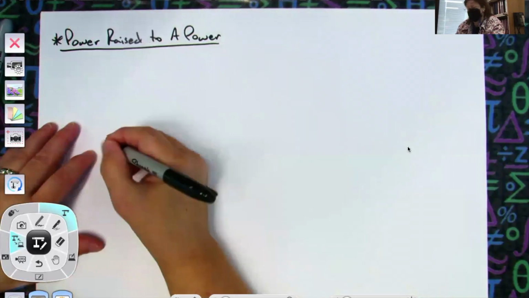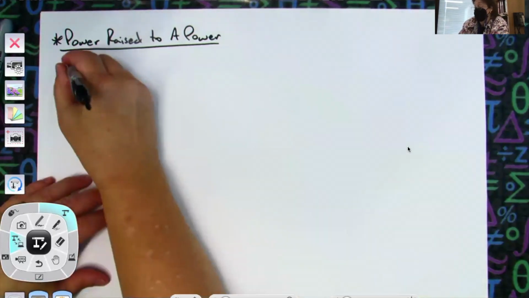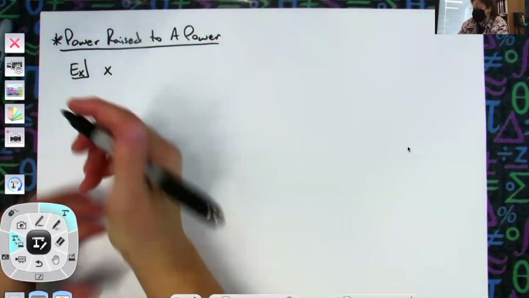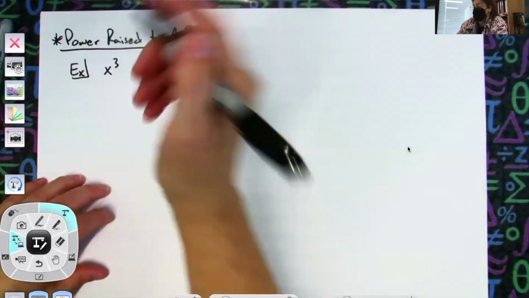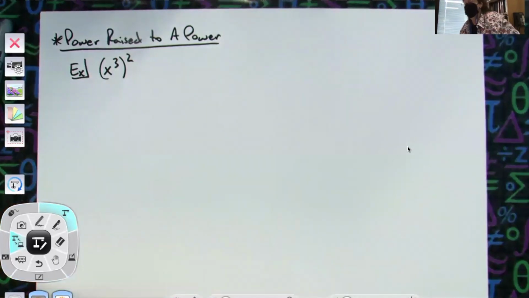That's exactly what it's going to look like. I'm going to have a base, maybe an x, and I'm going to raise that to a power, but then that is going to be raised to another power. So x to the 3rd raised to the 2nd power.